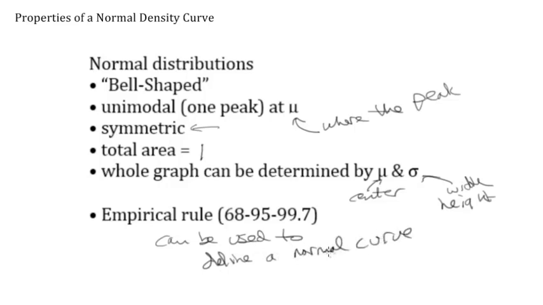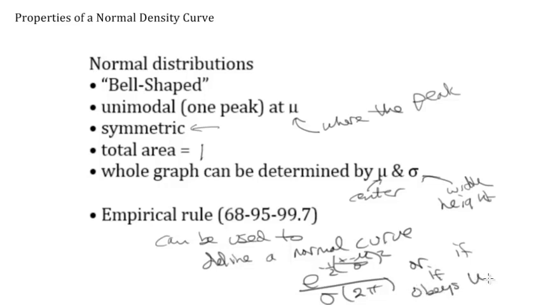You can define it if it matches the description of that formula, e to the negative 1/2 times the quantity x minus mu over sigma, squared, divided by sigma square root of 2 pi, or if it obeys the empirical rule. But other than that, that is all I'm going to say about the empirical rule this quarter. So you can disregard this if you haven't run into the empirical rule.